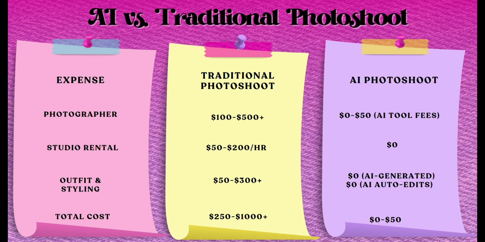You just need a couple of apps, which are very inexpensive, and you're looking at roughly $50 or less depending on which subscriptions you get. But I paid $500 plus for a family photo shoot I did, so this gives you an idea of the expenses.